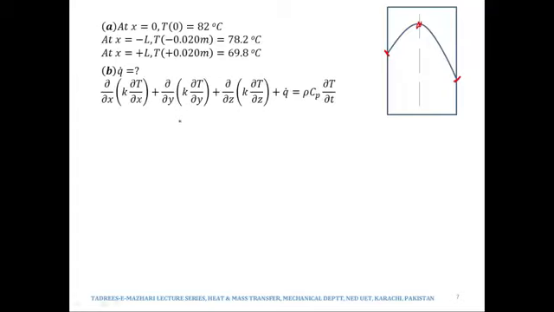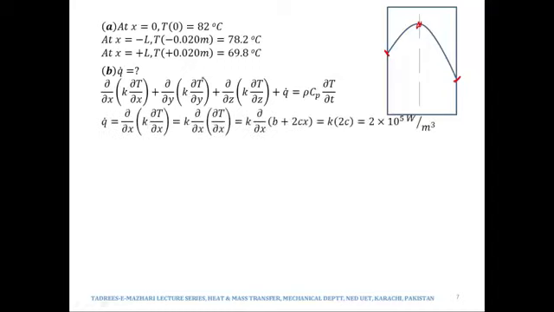Now since we are given that temperature is a function of x only, T is a plus bx plus cx square, therefore y and z will get cancelled out. So it means that the case is of one dimensional heat transfer, and we are also told that under steady state conditions, it means that dou t by dou t would also be 0.